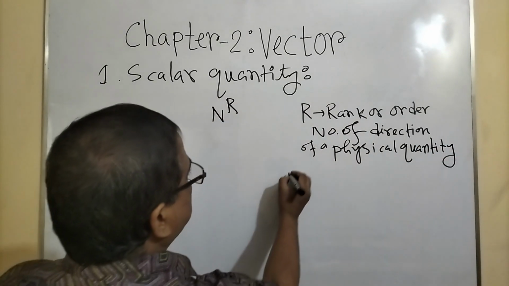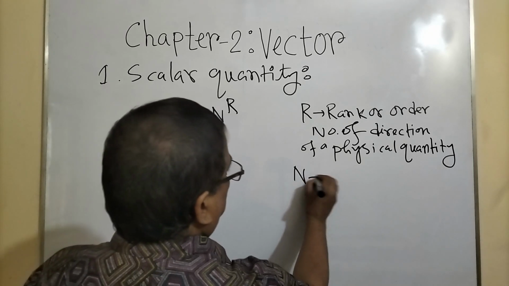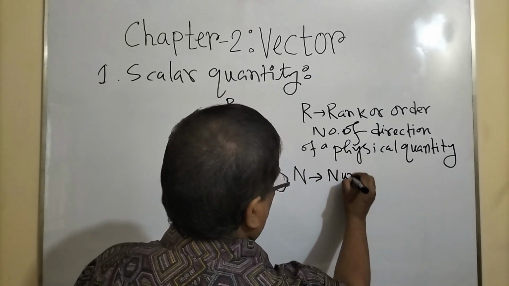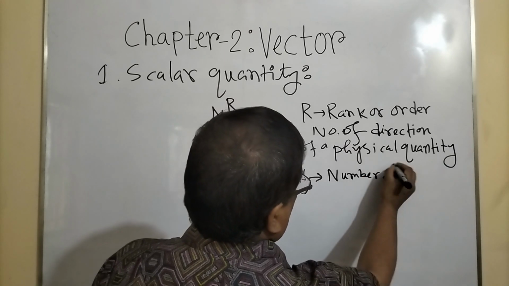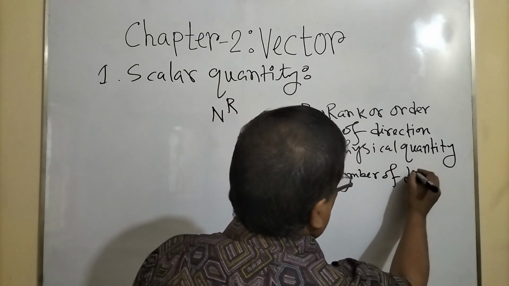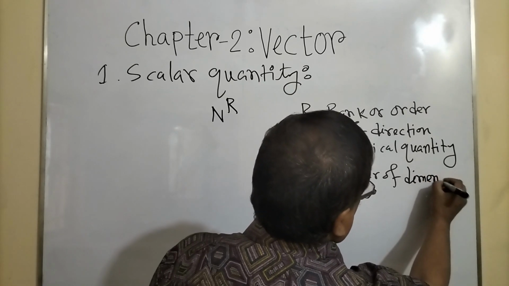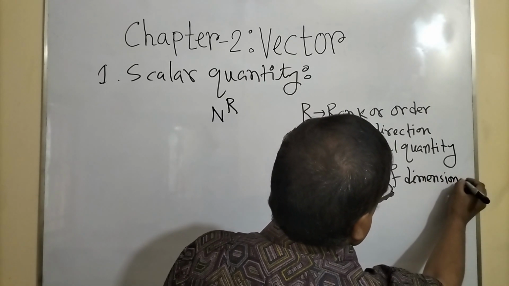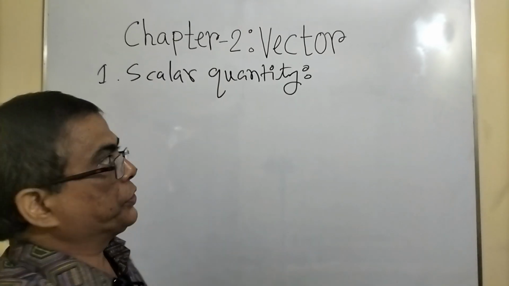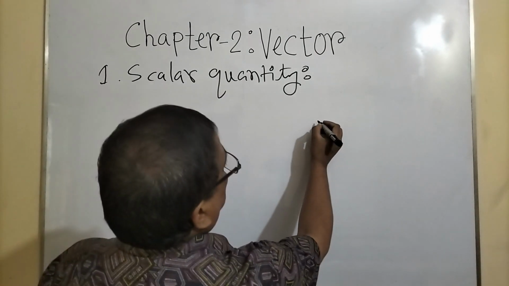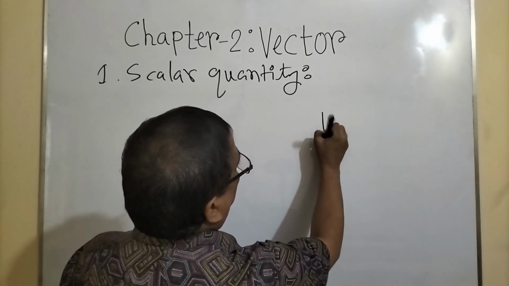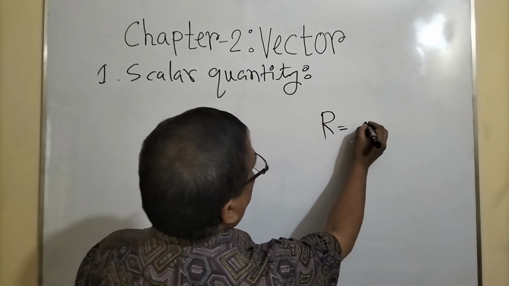And n is the number of dimensions. In case of a scalar quantity, the rank or order, that is the number of direction, is equal to 0.